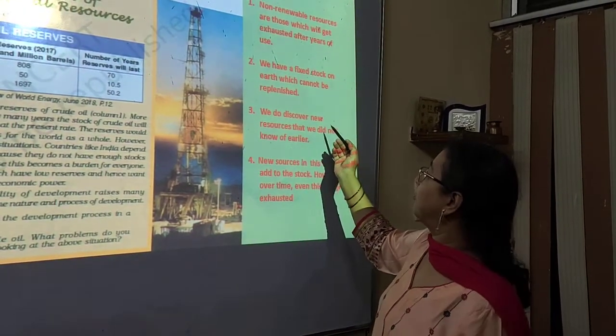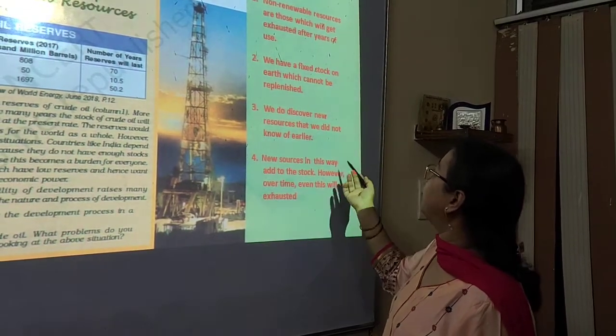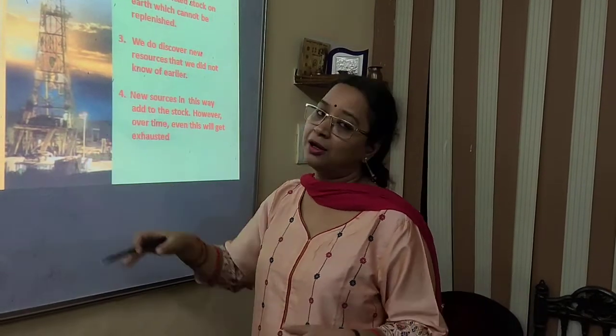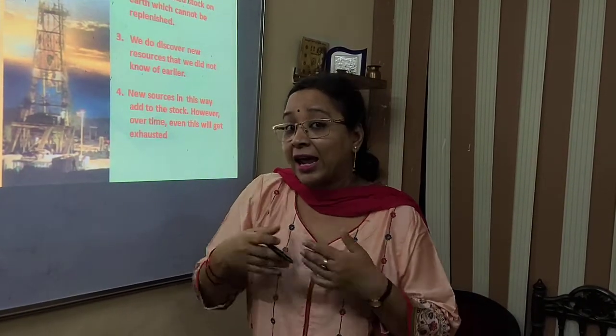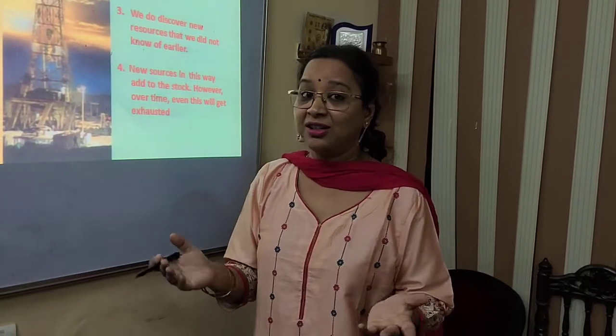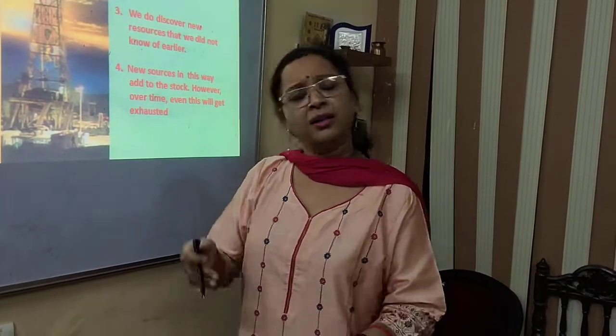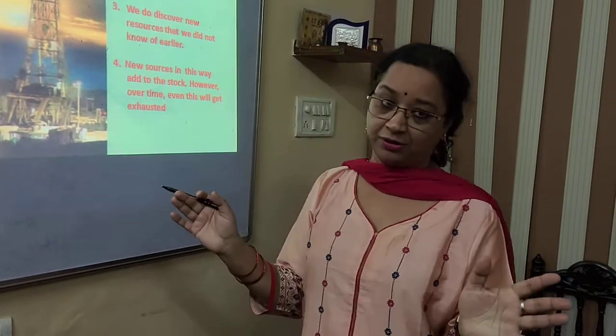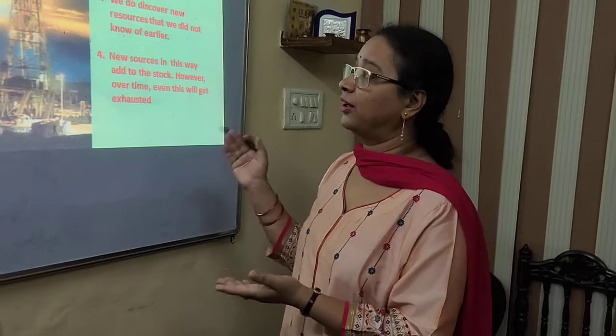We may discover new resources that we did not know earlier. In the coming time we can discover new sources. But if our attitude and our method of utilizing doesn't change, then that will also diminish and exhaust. So we have to think regarding this.